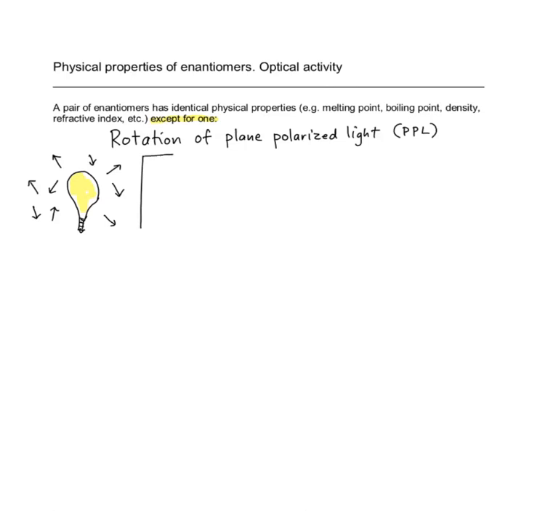So if you allow the light to pass through what's called a polarizing filter, the polarizing filter has these slits in it that are called gratings. The light that makes it through is all traveling in the same plane. So that's what's called plane polarized light.